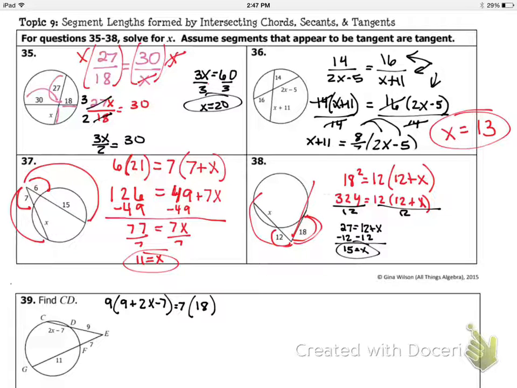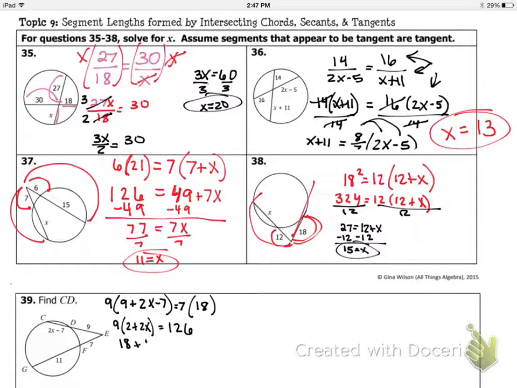I'm going to combine like terms here. 9 times 2 plus 2x equals, let's do 7 times 18. That's 126. I'm going to distribute my 9 in again.